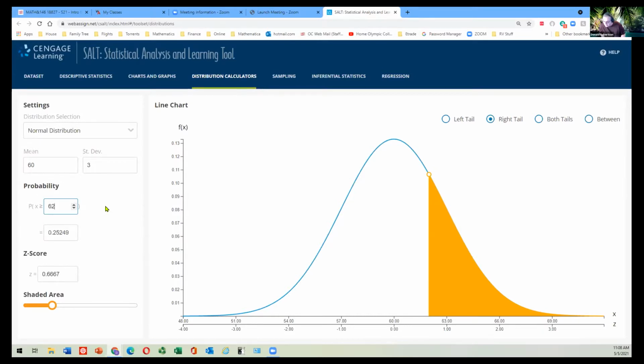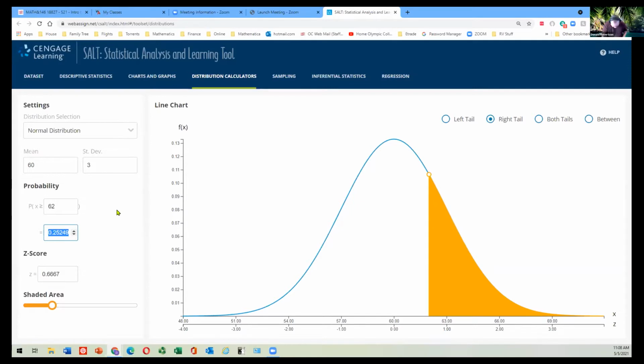So you have to be really careful because I can't give you partial credit if you typed in 26 when you meant to type in 62 or something. So just be careful. And isn't the answer we want that one down there? And as a decimal, the answer to that one, to 3 decimal places, is 0.252.